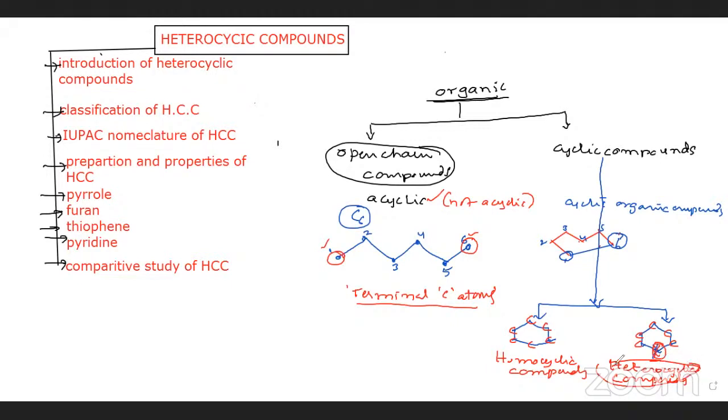So a cyclic system consisting of carbon as well as atoms other than carbon; such types of compounds are known as heterocyclic compounds. Now, how can we define heterocyclic compounds?